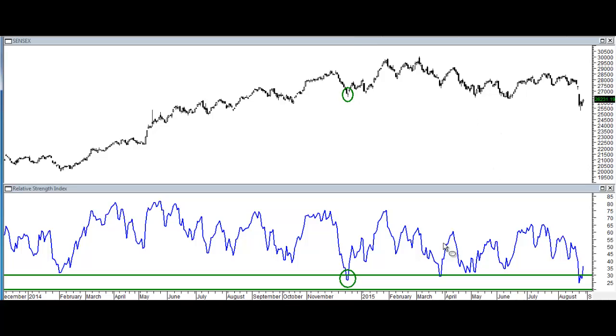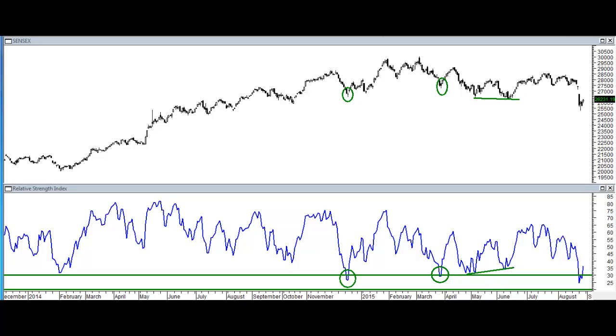Again, another example is that whenever RSI reaches between the 30-20 zone, it bounced back sharply. But yeah, over here also it has made a positive divergence, with RSI making higher lows and prices making lower lows. It did touch the 30 zone also.